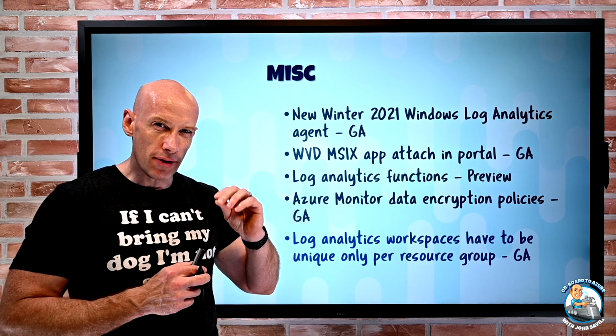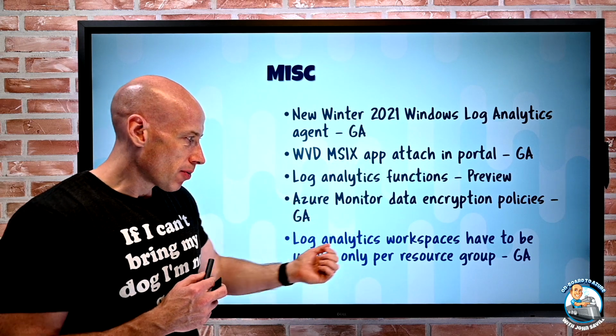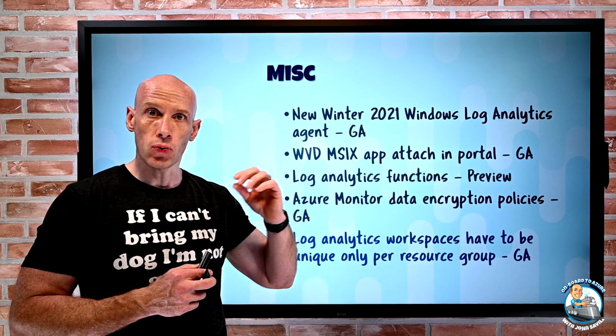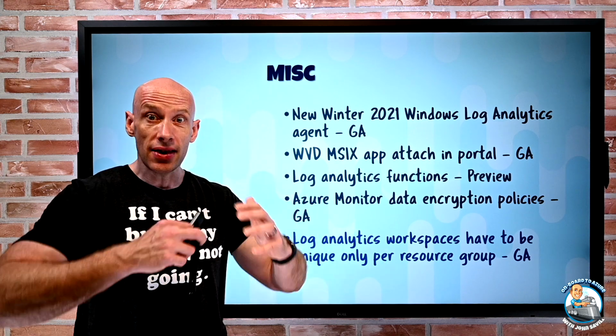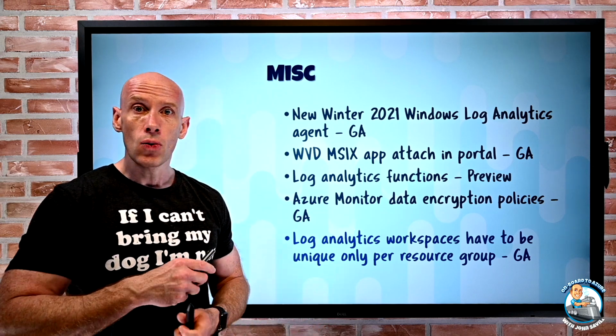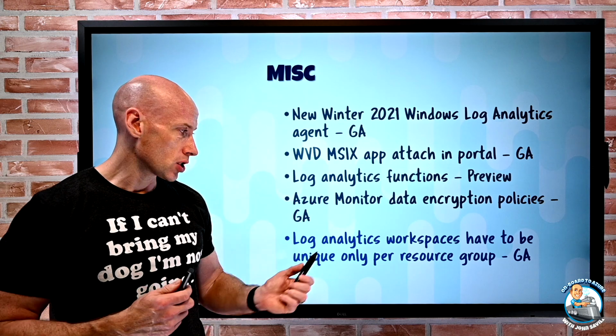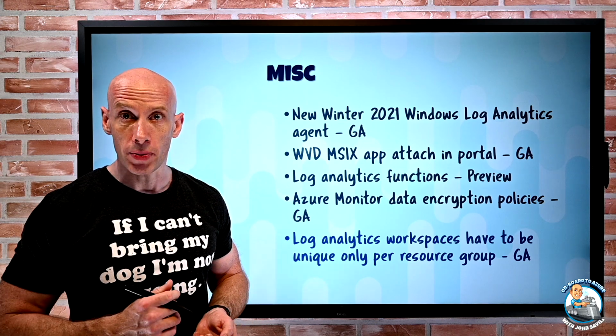So if I want to do a cross-workspace interaction, I probably can't just use the workspace name anymore. I'd want to use the resource ID or the workspace ID, something else that is guaranteed to be unique, because the resource ID and the workspace ID will still be globally unique. Just the name has to be unique per resource group now.